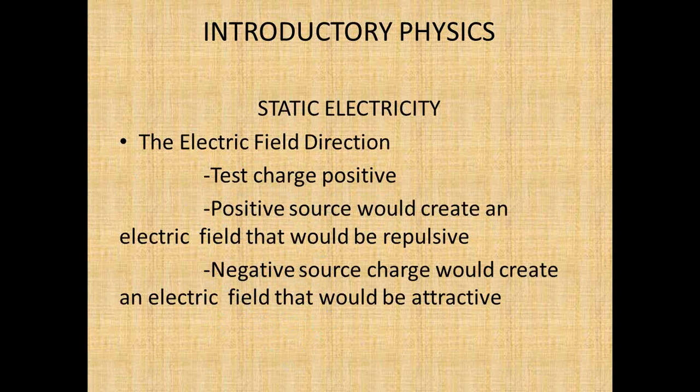Think in terms of just your test charge. Your test charge is always going to be positive. This is the charge that you brought into the field of the source charge. So if your source charge is negative, it's going to pull the test charge towards it, so the lines are going to go towards the source charge.